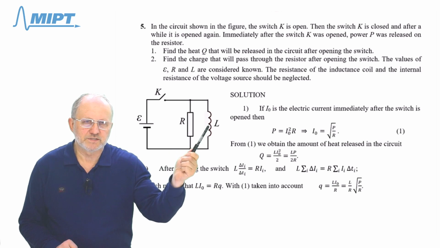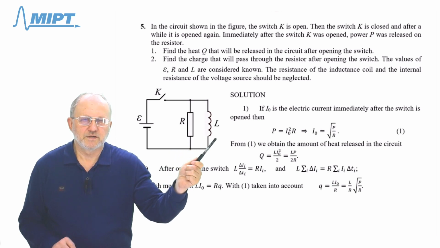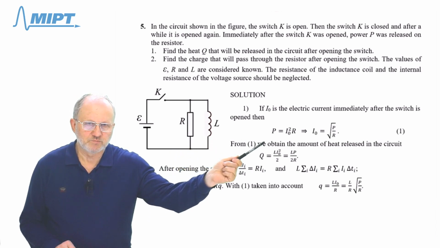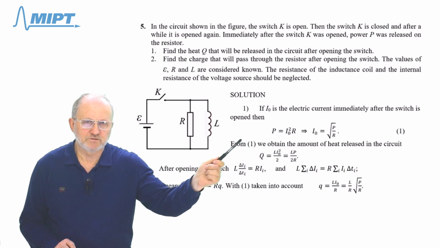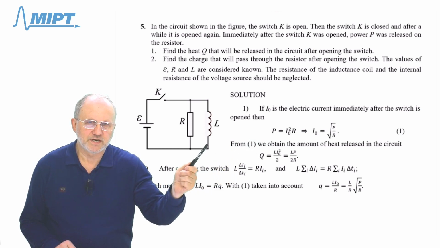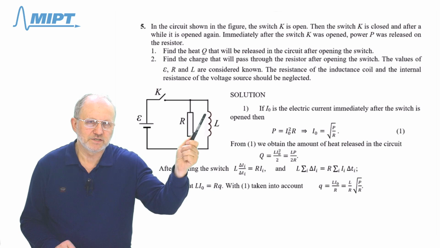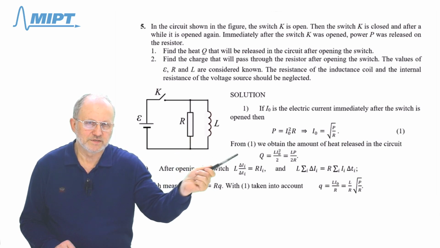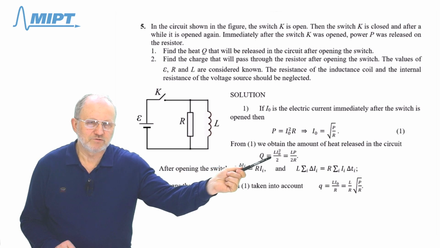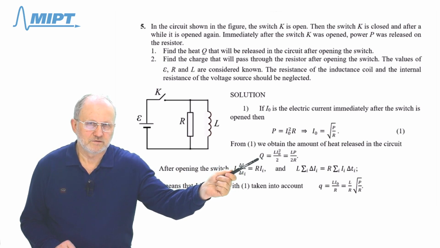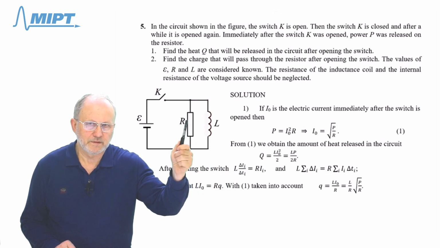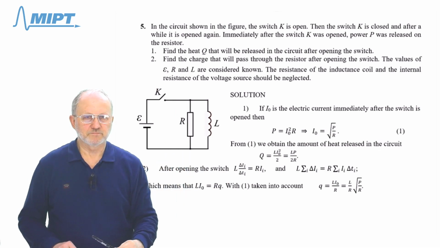The initial current is the largest, and if we know the initial power, we know the initial current, and if we know the initial current, we know the energy stored in this inductance coil. The energy will then be released into the heat quantity Q, which will be released in the resistance.